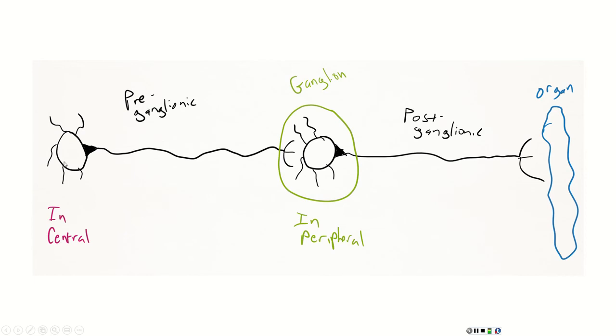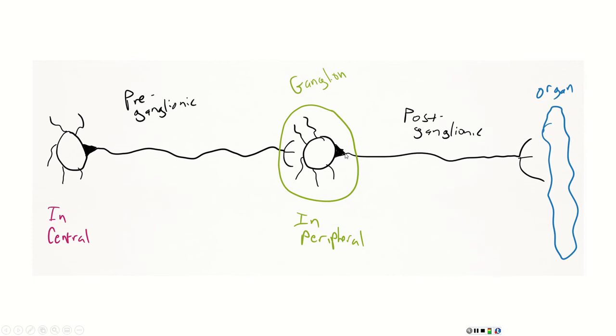Its cell body, or soma, is somewhere in the central nervous system. And then it's going to have axons wrapped as a nerve extending to the peripheral nervous system, where there's going to be a cluster of cell bodies. I've got one cell body drawn here, but remember, this is a ganglion, so there would be a cluster of cell bodies. So this ganglion is somewhere in the peripheral nervous system.